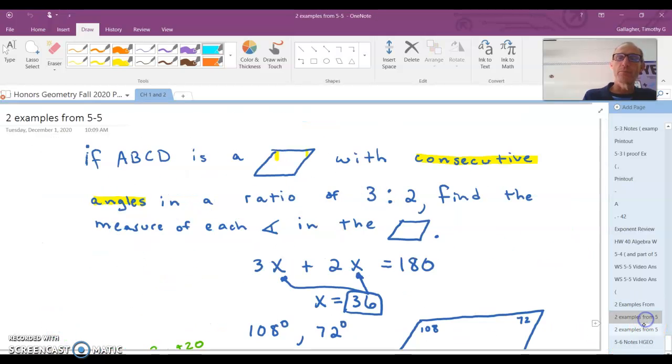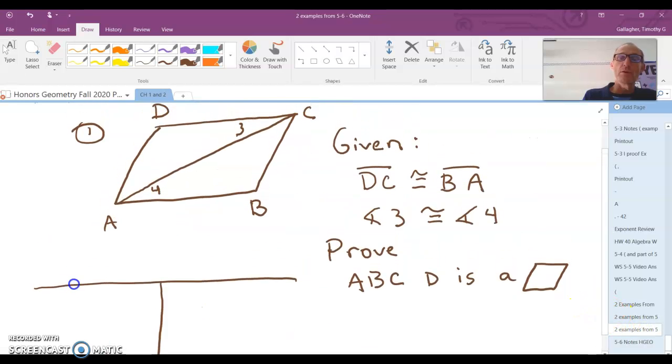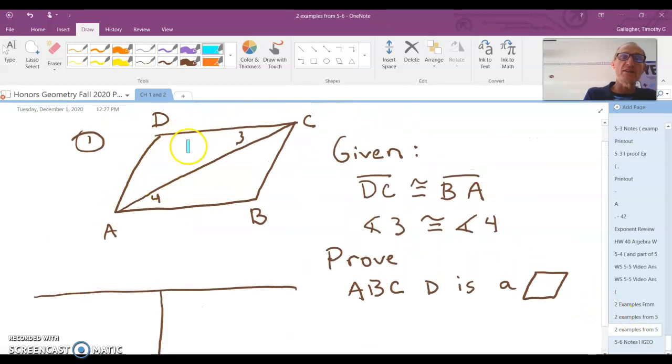So, DC is congruent to BA, so these two sides are congruent, and these two angles are congruent. If you don't see this already, this is a transversal, and angle 3 and angle 4 are alternate interior angles. If the alternate interior angles are congruent, then the lines are parallel.